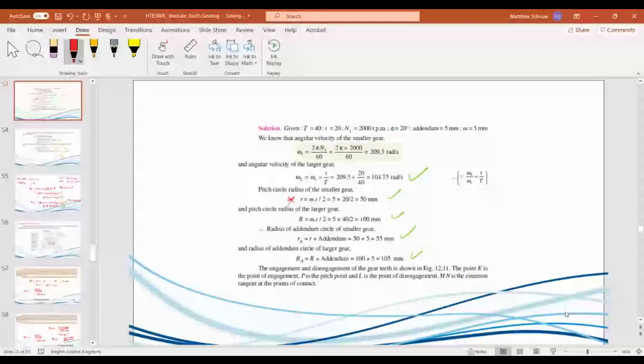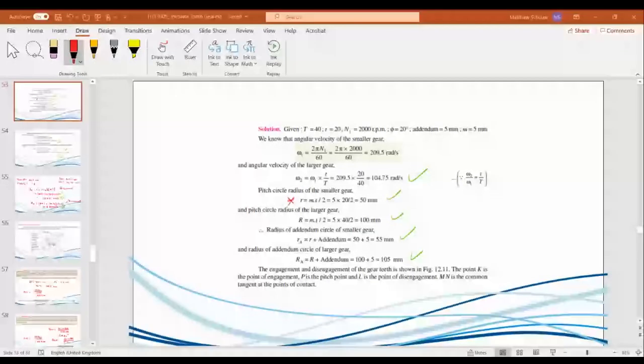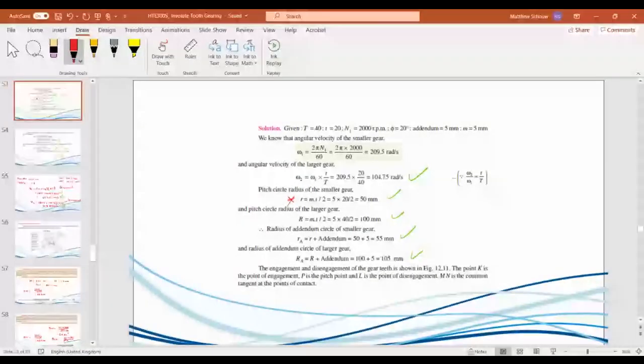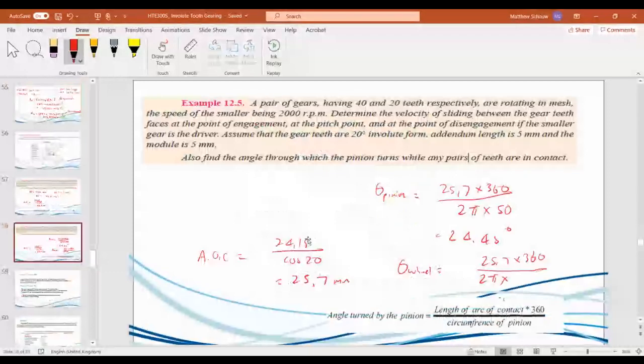The wheel. 100. Yep, straightforward. And if you go back to that one and times that by 100, you get an answer of 14.75 degrees. So what it means is that you can also find the angle through the pinion which turns while in the pair. So you can find it for the wheel and the pinion.